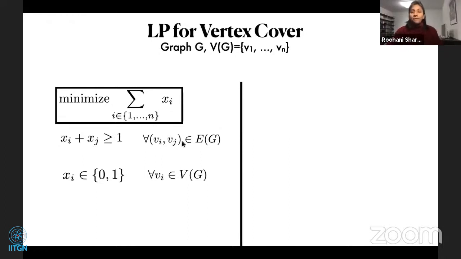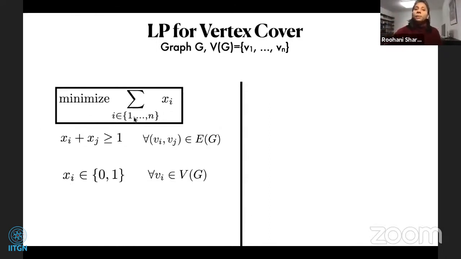You want to say that if there is an edge between two vertices, then the variables should get values such that for these two vertices, their values add up to at least 1. This is the constraint. This is not exactly a linear program, but let me still write it. Now I ask that each of these variables can take values only from the set 0 or 1.